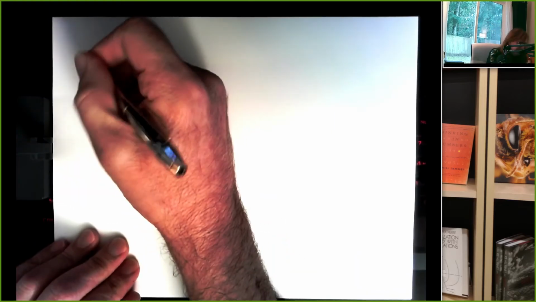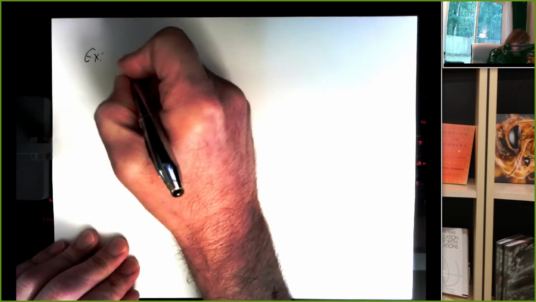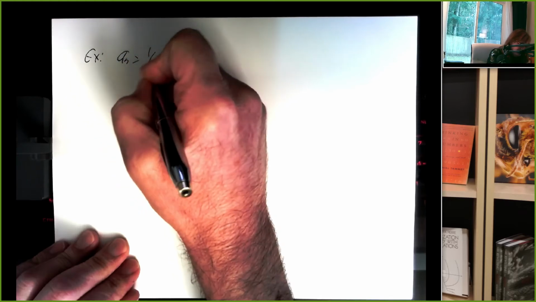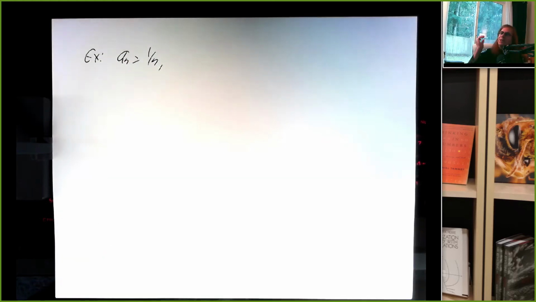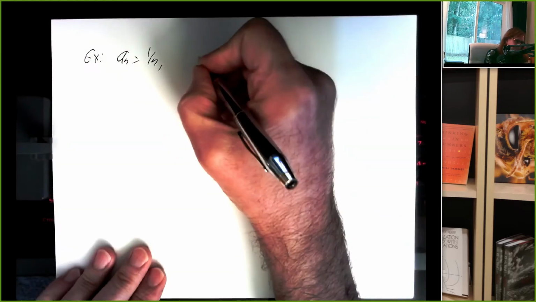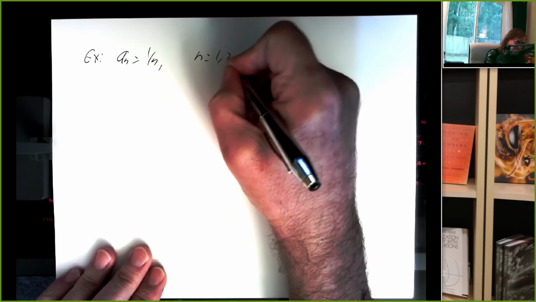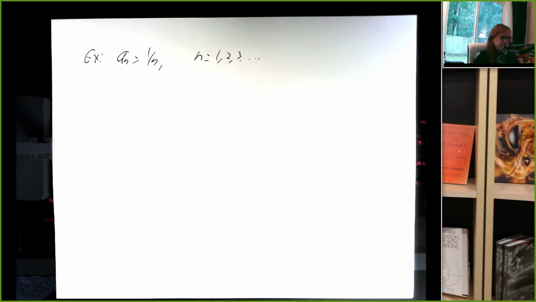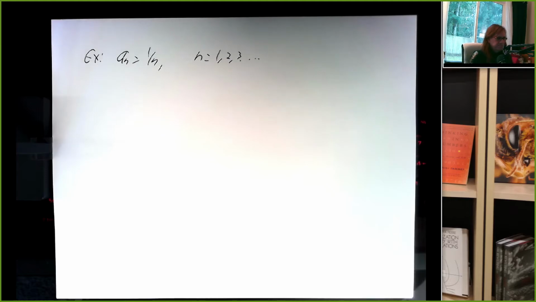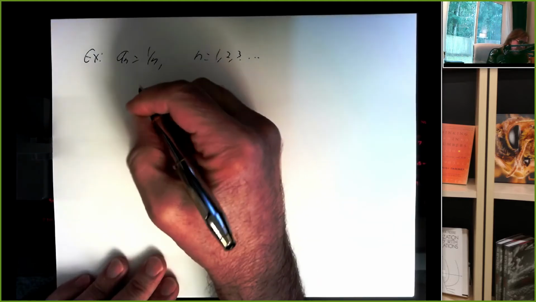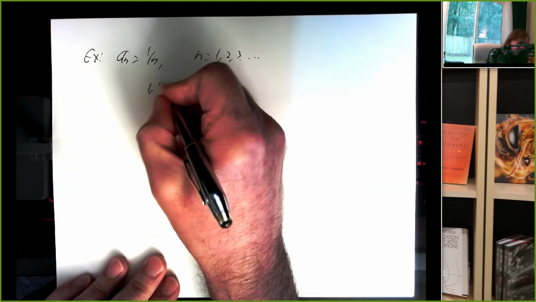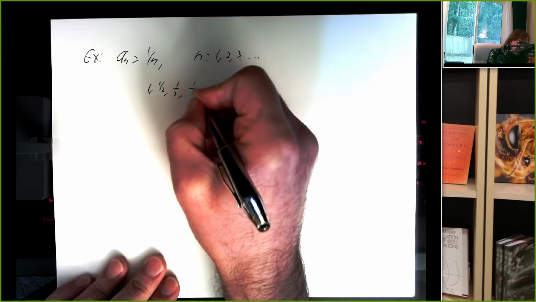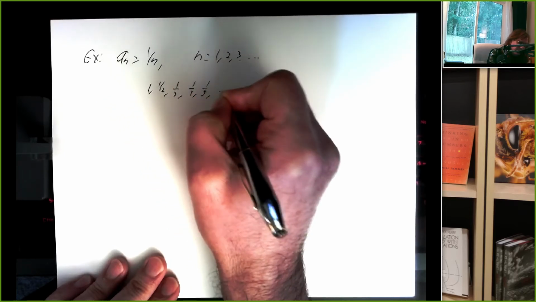So some examples of sequences, besides those sort of artificial examples of a few numbers: A subscript n could be 1 over n, where n is a positive integer. This would be the sequence 1, 1/2, 1/3, 1/4, 1/5, and so on.